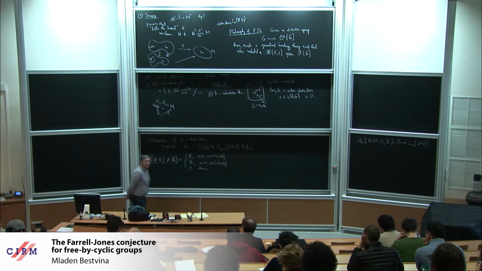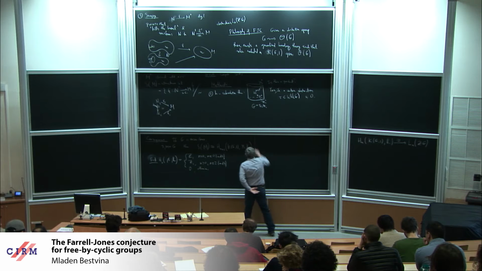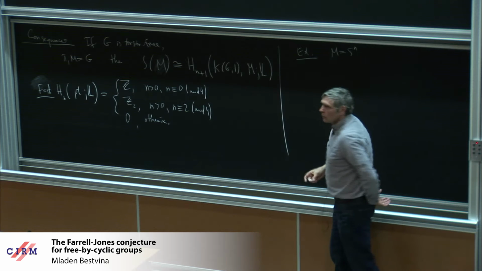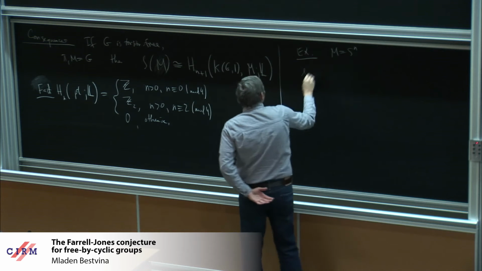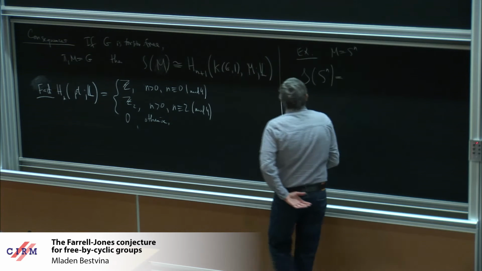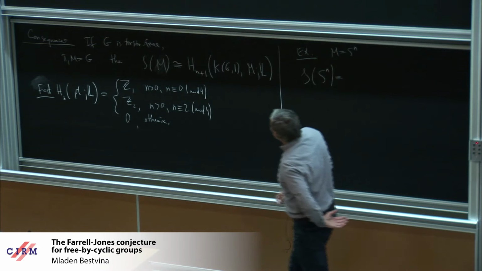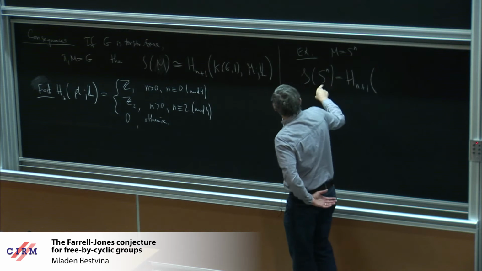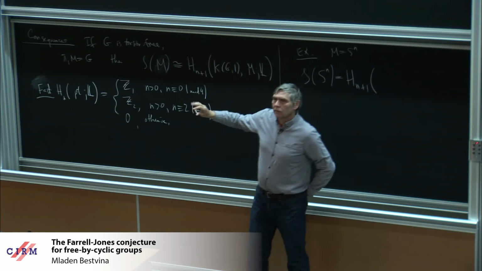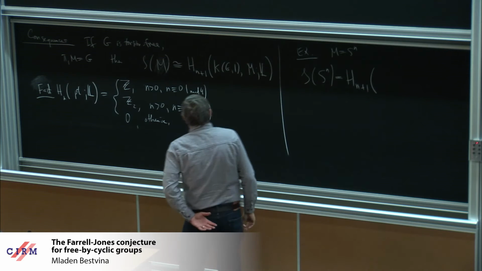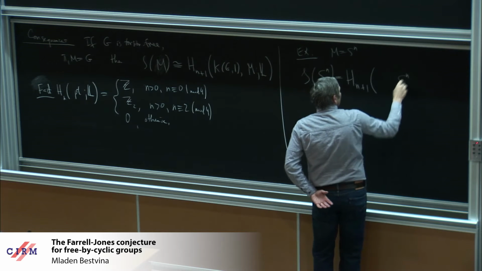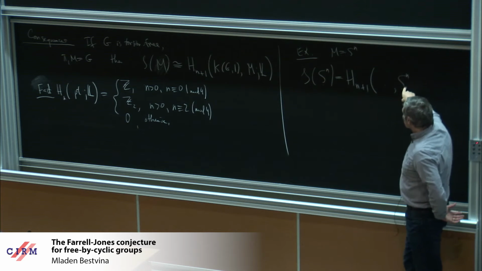Okay, so let's do some computations now. Example: let's take the sphere. M is Sn, right? So compute the structure set of Sn. Well, this tells me I'm supposed to do Hn plus 1. The group is trivial here. We know the Farrell-Jones conjecture holds for the trivial group. And M is the sphere, so here I need some contractible space that contains the sphere.